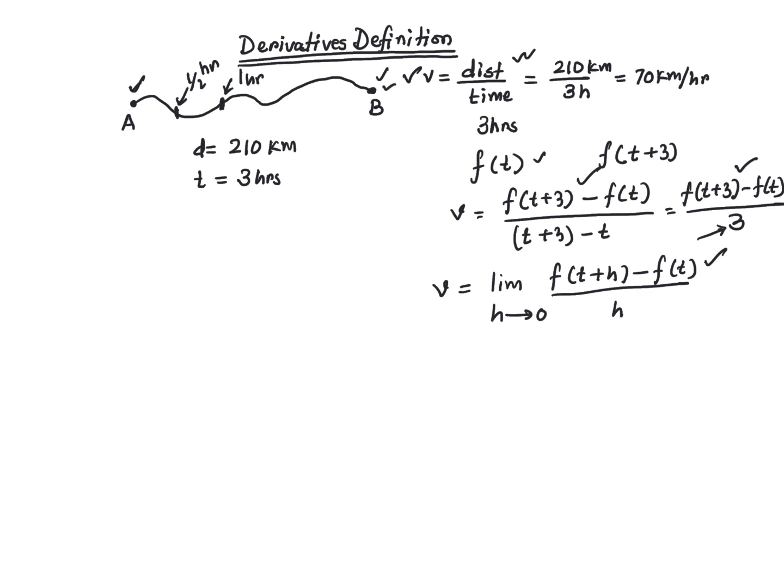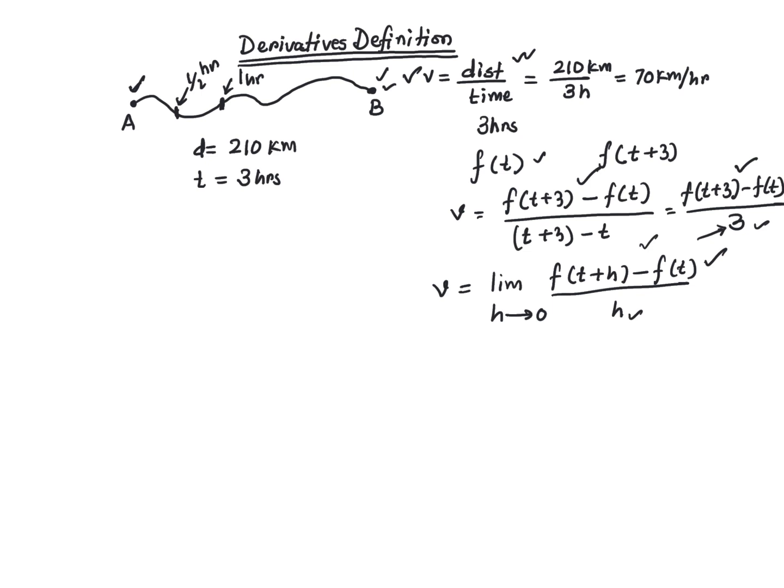The only difference is that here we have a fixed number 3 in the denominator, and here we have a variable h in the denominator, and h approaches 0, and the numerator is just the difference in the function value.